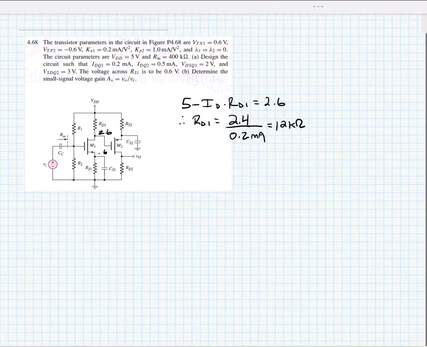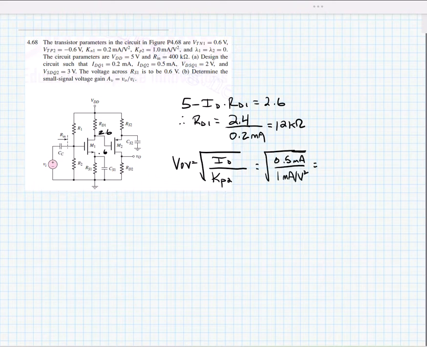For the second stage, we are going to have to use the current equation for MOSFET M2 when it's in saturation. Here we can estimate that the overdrive voltage is equal to square root of ID divided by Kp2. So VOV is equal to 0.707 volts. And for a PMOS device, we know that VOV is equal to VSG minus the absolute value of VTHP.